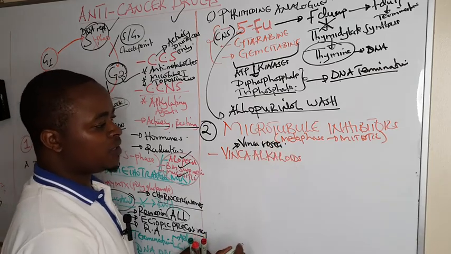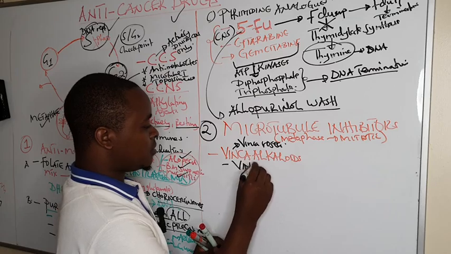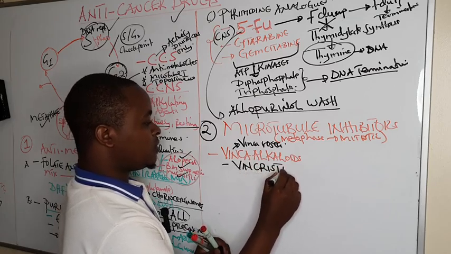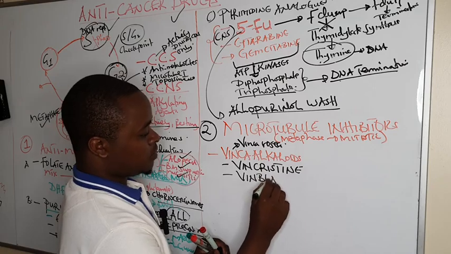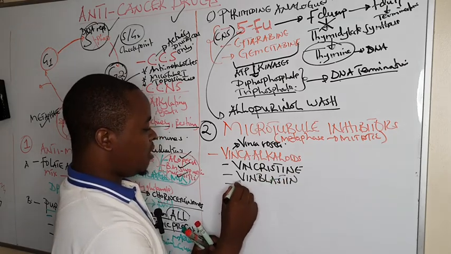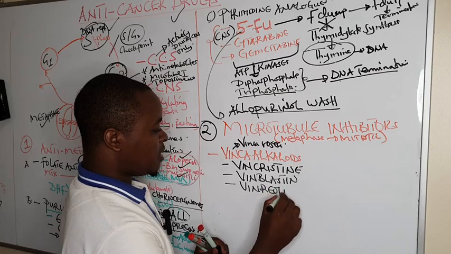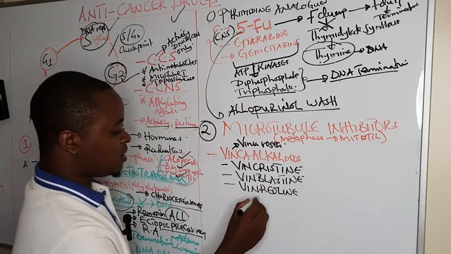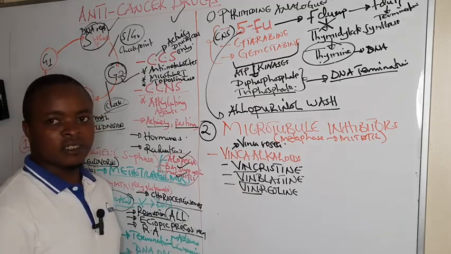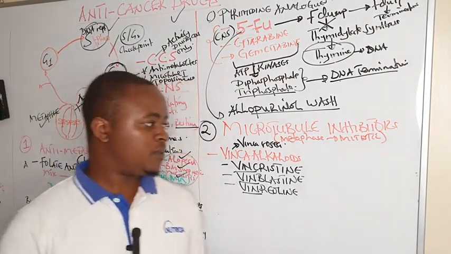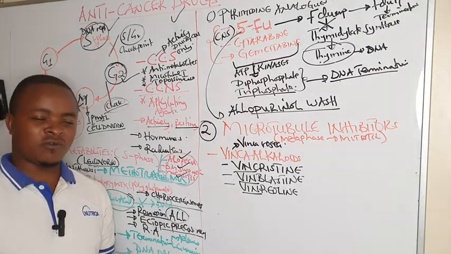These vinca alkaloids include drugs like vincristine, vinblastine, and vinorelbine. These drugs begin with the prefix vin: vincristine, vinblastine, and vinorelbine. These are vinca alkaloids extracted from a plant known as vinca rosea.